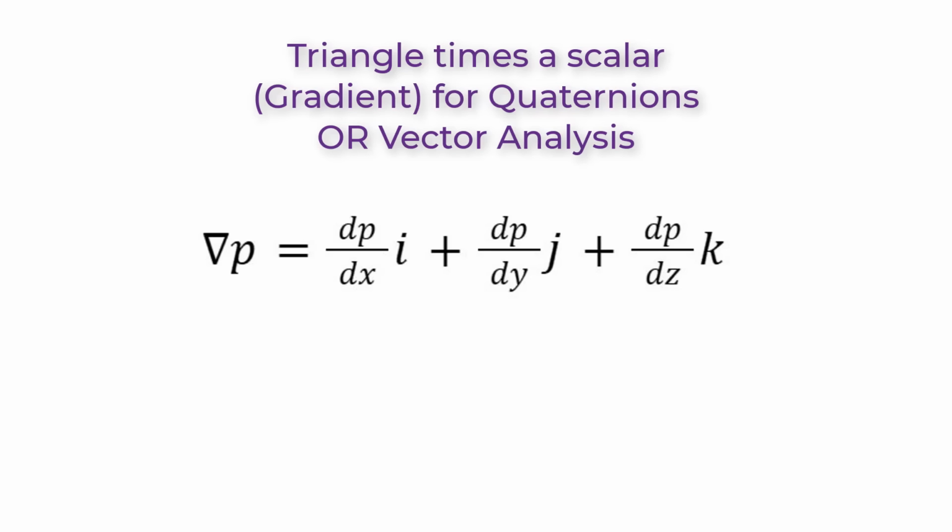However, Hamilton did not, as far as I can tell, take the simple step of seeing what happened if you took the del of a scalar, p, which would, according to Hamilton's rules, result in a simple vector, which is equivalent to the gradient of a function, i.e. del p equals dp dx i plus dp dy j plus dp dz k, which clearly would be interesting to anyone dealing with electric or temperature potentials.